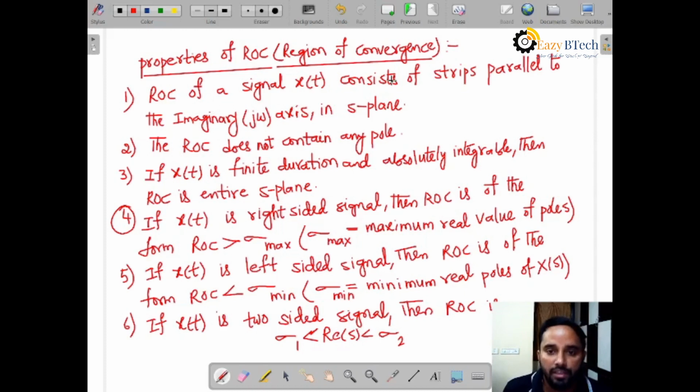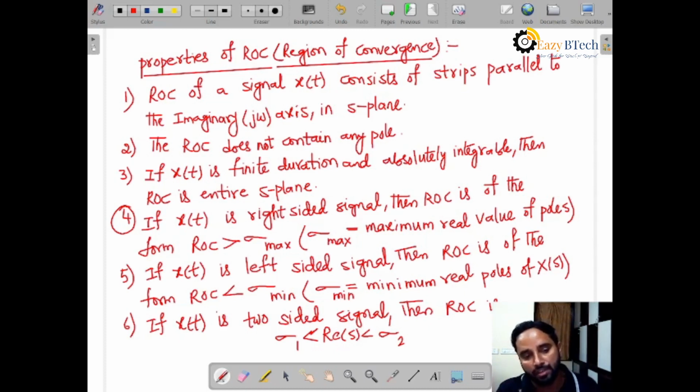To recap: the first point, ROC consists of strips parallel to j omega axis in the S-plane. Second, the ROC does not contain any pole. Third, if x of t is finite duration and absolutely integrable, then ROC is the entire S-plane.